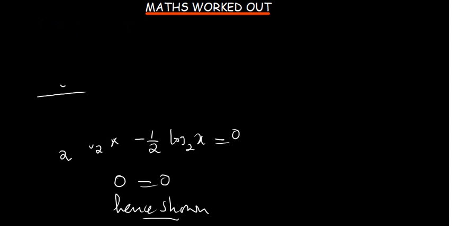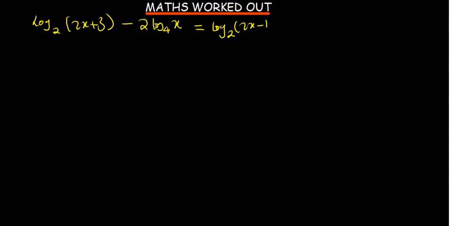Alright, so the next one is saying solve the equation log in base 2 of 2x plus 3 minus 2 log in base 4 of x, which is equal to log in base 2 of 2x minus 1. Alright, this is the equation.